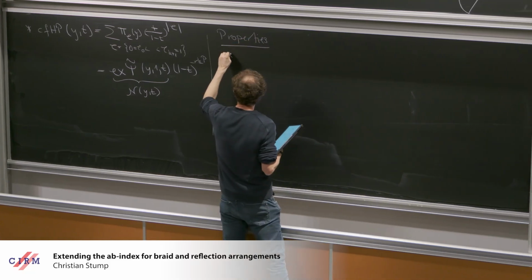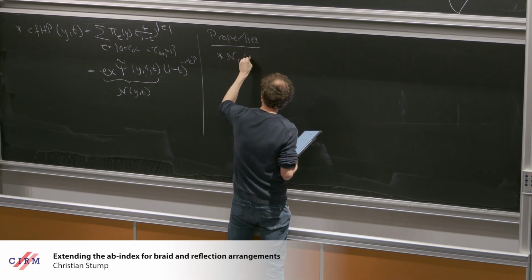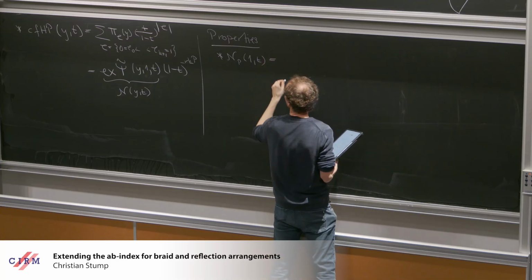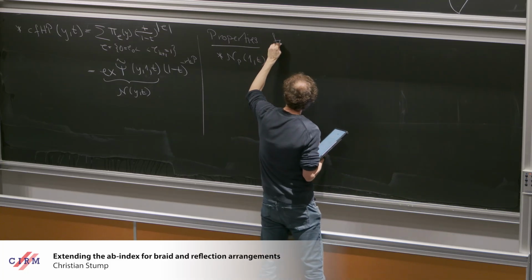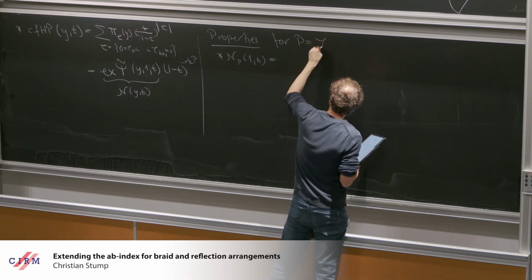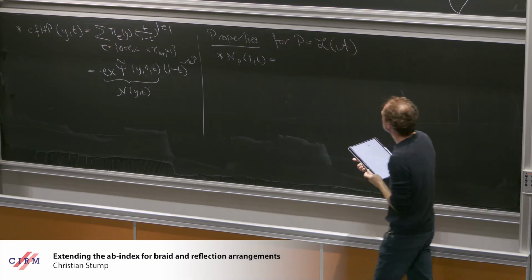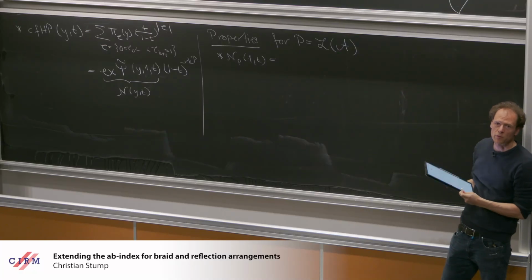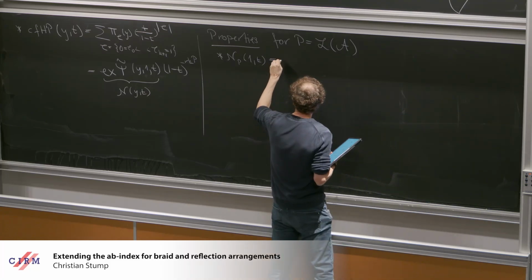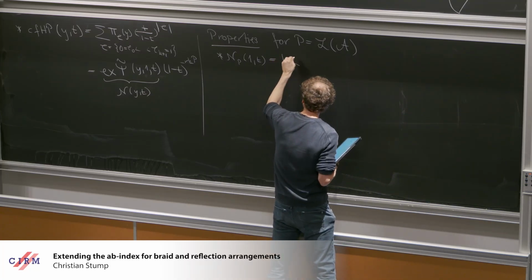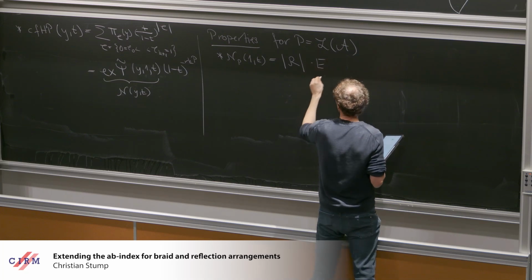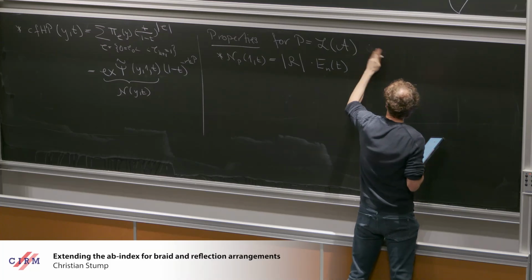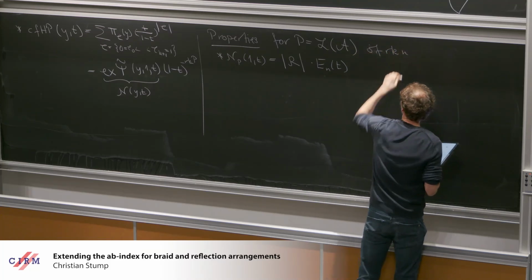I'm plugging in y to 1, I'm getting the following. For p equal to, so this is again only for realizable matroids, for intersection lattices of hyperplane arrangements, we get the number of regions in the arrangement times the Eulerian polynomial of rank n.